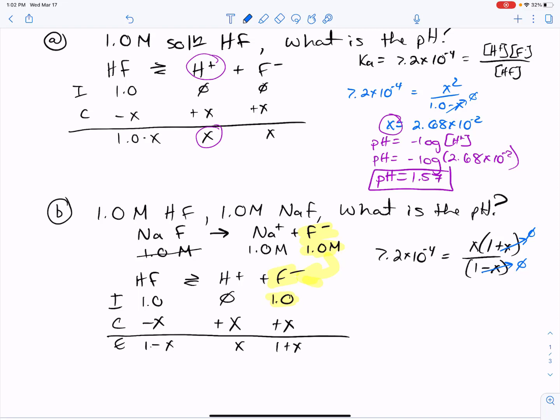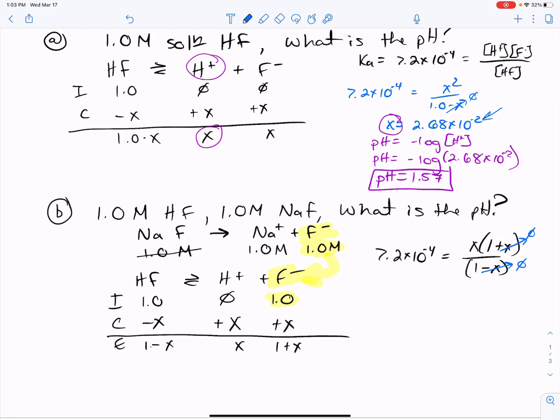Well, the reason your X can go to 0 is because we're assuming X is really small compared to my initial concentration, which it was. If the same is true here, 1 minus X should be approximately 1. And if that's true, 1 plus X should also be approximately 1. So it might be 1.00001 and 0.99999, but they're both going to be approximately 1.